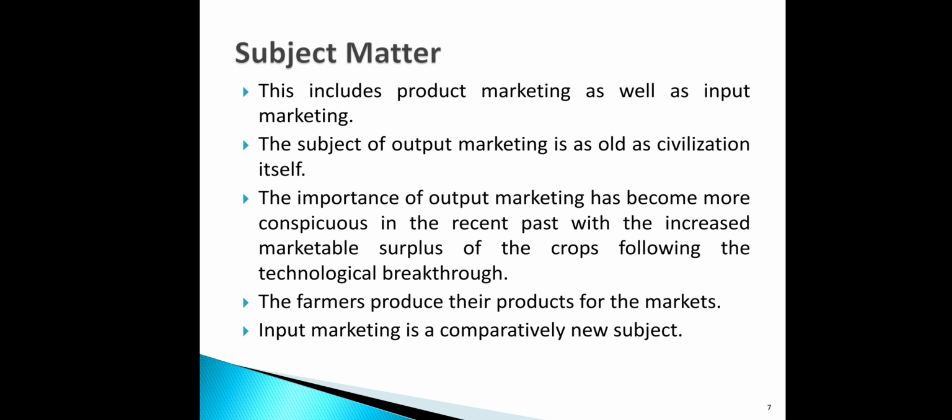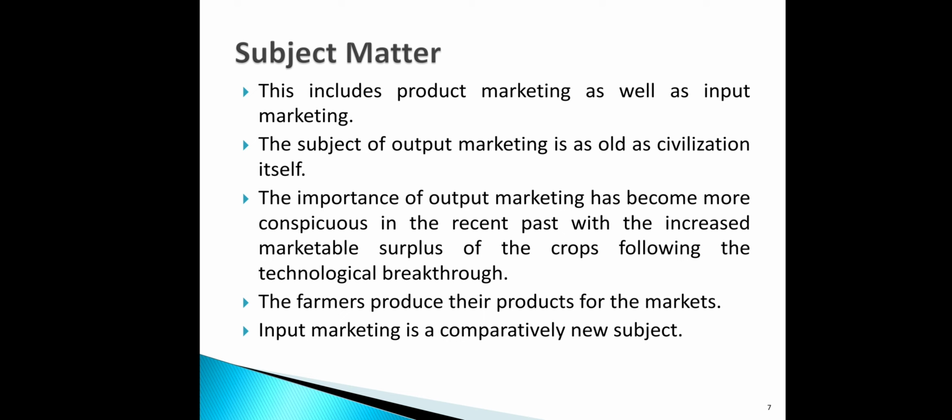Then the subject matter of agricultural marketing. In the subject matter, this includes product marketing as well as input marketing. As we discuss the subject matter, it includes two sides. The first one is product marketing and the second one is input marketing.